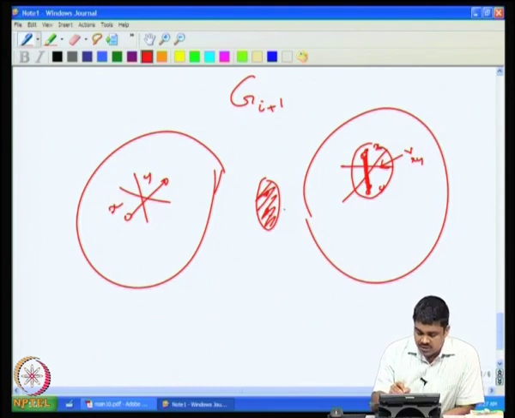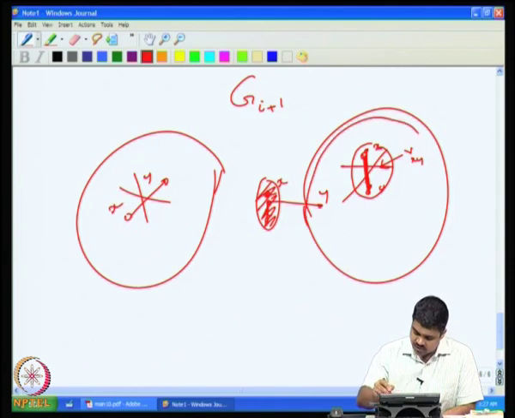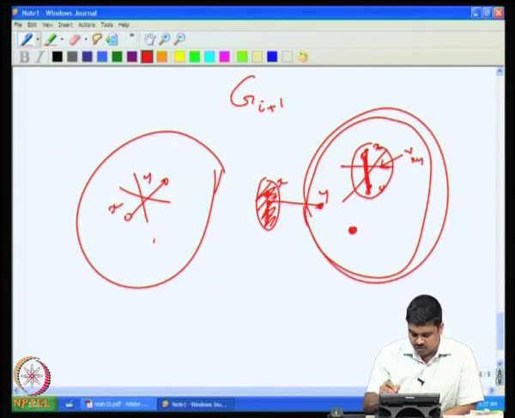So the only situation is that maybe one of x or y is in the separator, or both of them are. But the key thing is there should be something on each side. Suppose y is here, and there is another vertex v on this side, with x in the separator.